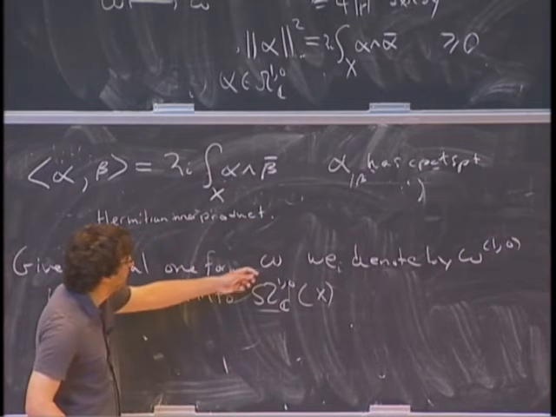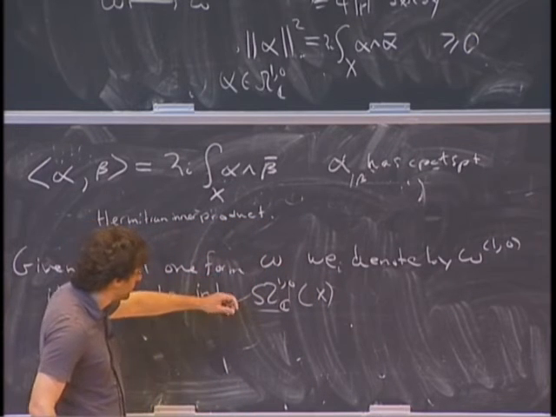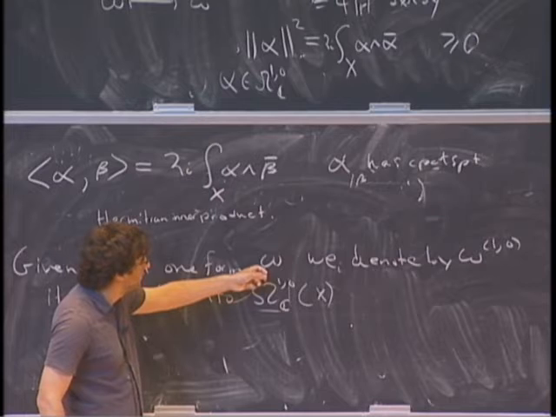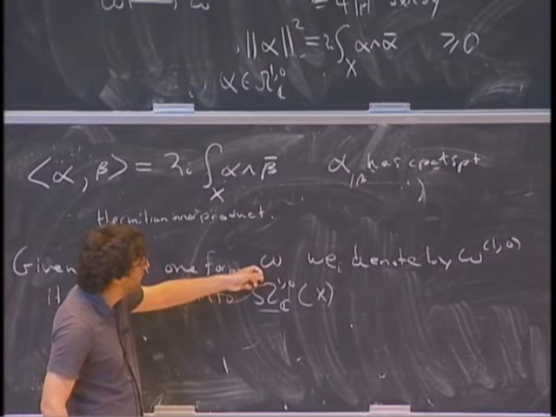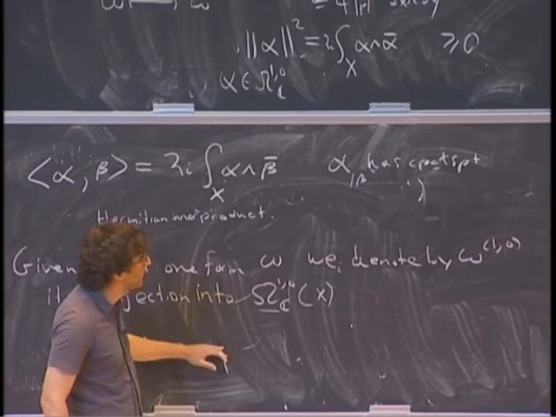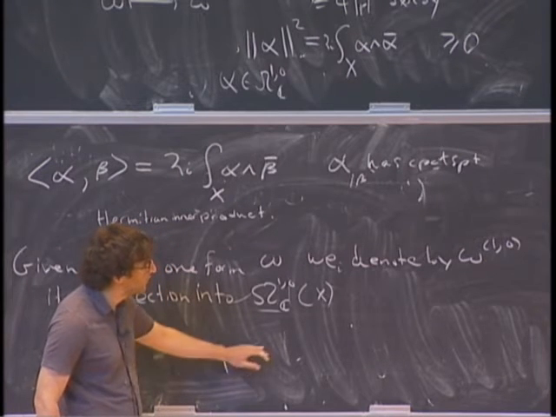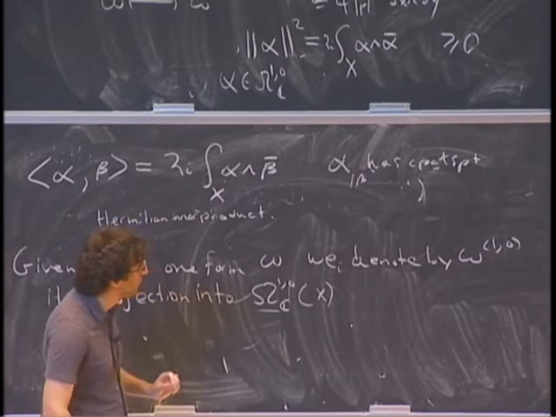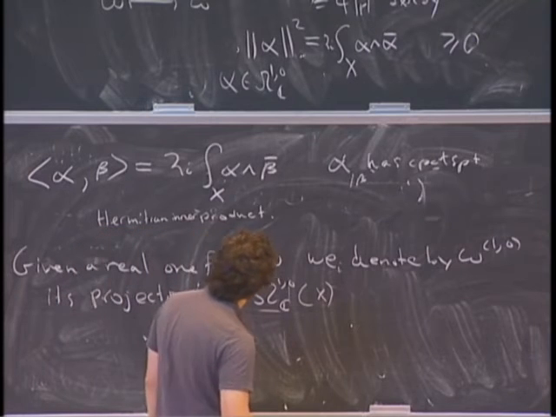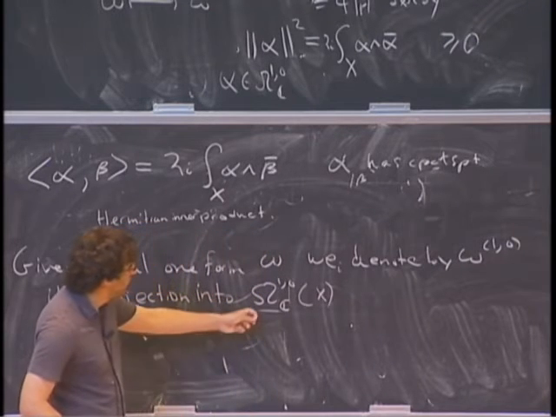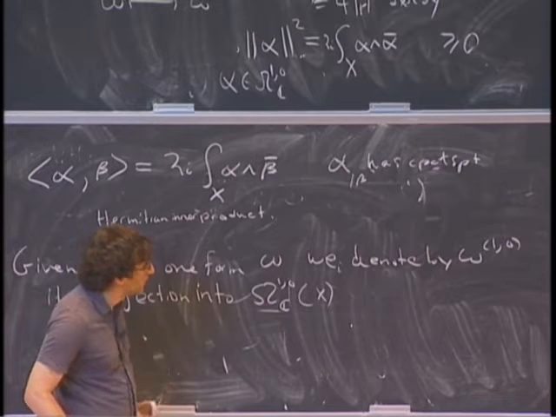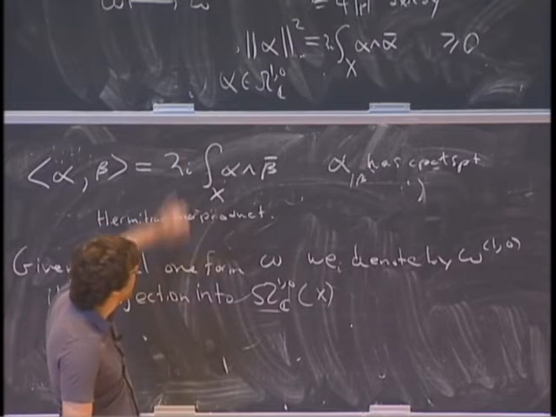If we have a real one form, we have a natural way of talking about real valued one forms by just taking normal one forms and tensoring them with one, thinking of them as complex valued. But we want to project it into this (1,0) space, so we can apply all of this.